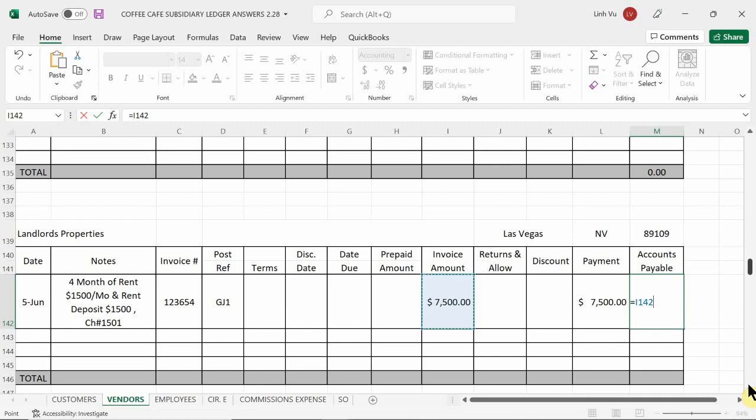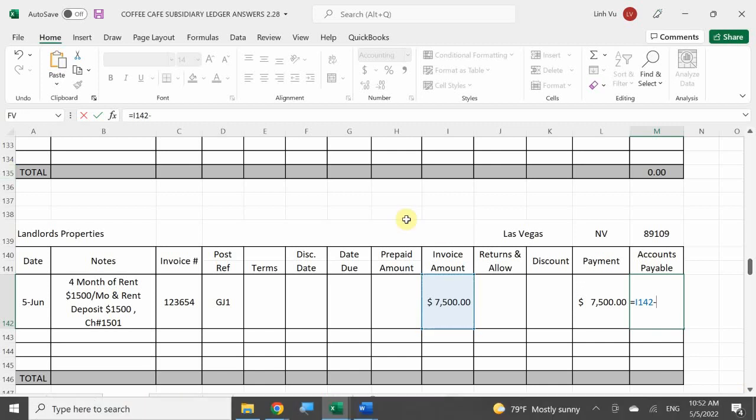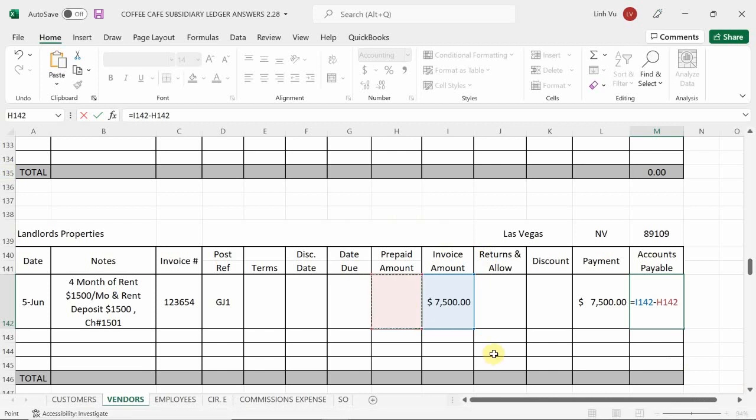Okay? And things that affect these payments are if you made any advance payments, if you returned something, or if you got a discount, or if you paid. So in this case, what we're going to do is we're going to subtract all of these amounts, okay? We're going to subtract our prepaid amounts, which is 0, right? Because we didn't make any advance payments prior, right?